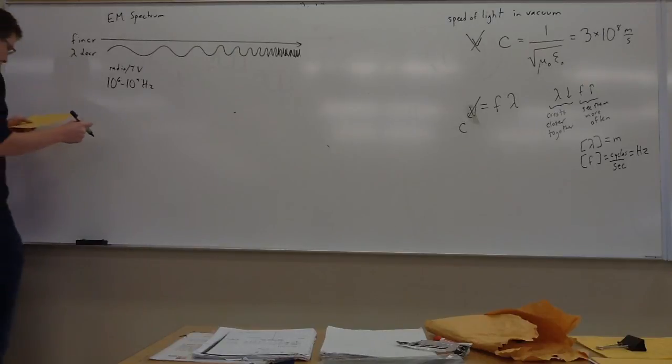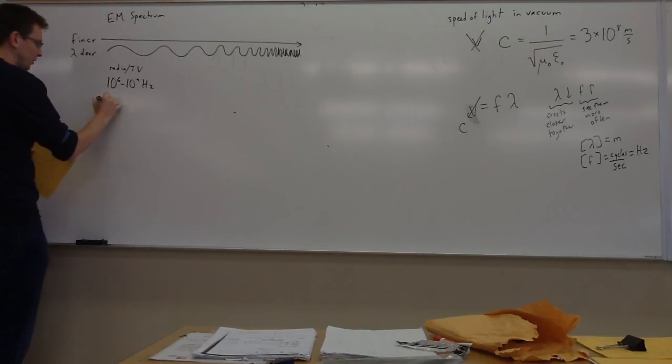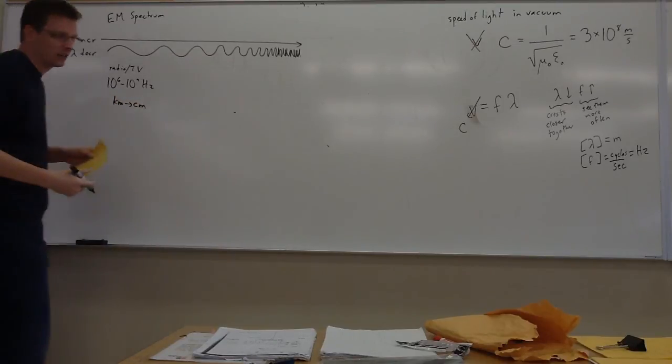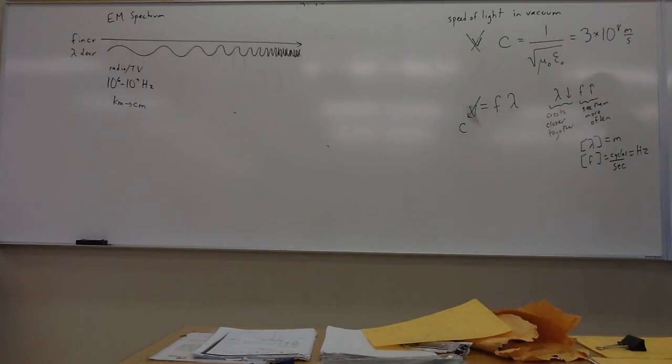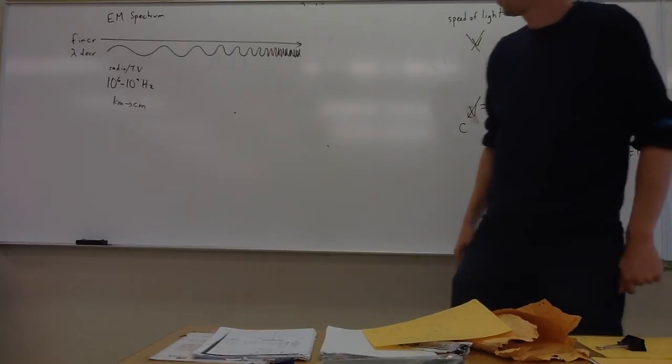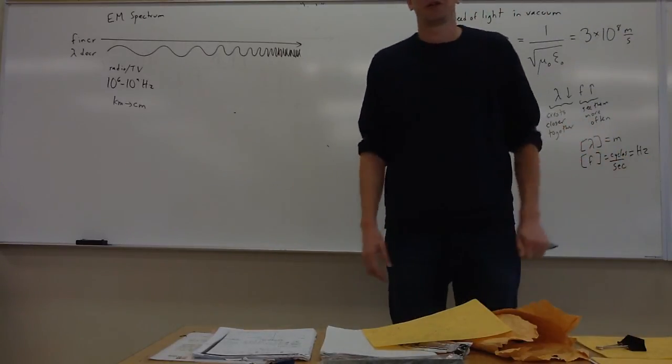If you calculate the wavelength of those, the wavelengths are in the kilometer to centimeter range. So if you use V equals F lambda to compute what wavelengths those would correspond to, you'd get roughly those wavelengths. So these have obvious uses for humans for communication. Okay.